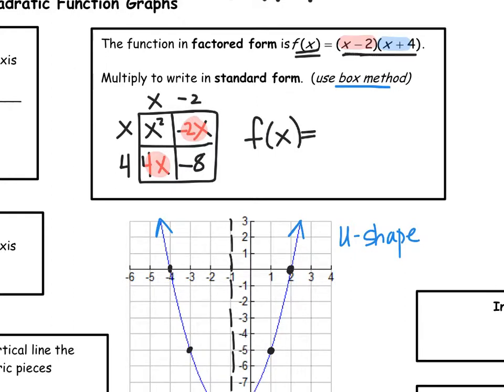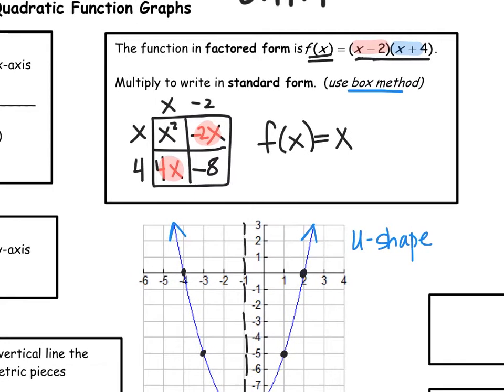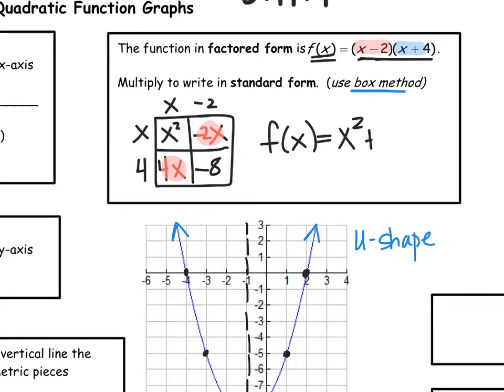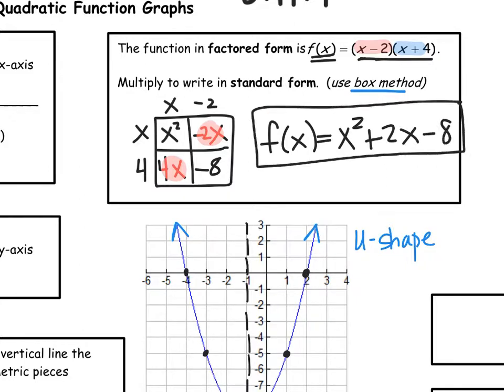These two things multiplied are what's inside the box. x squared, combine my like terms, and I get positive 2x and then minus 8. So these are two different ways to write the same exact equation. One is factored, one is in what's called standard form.